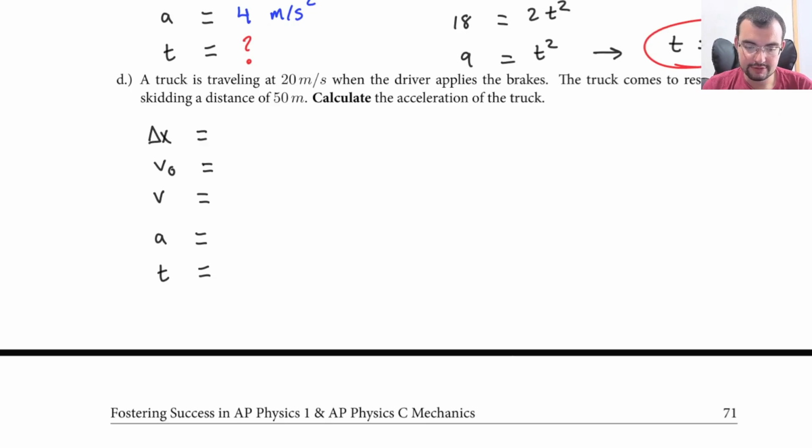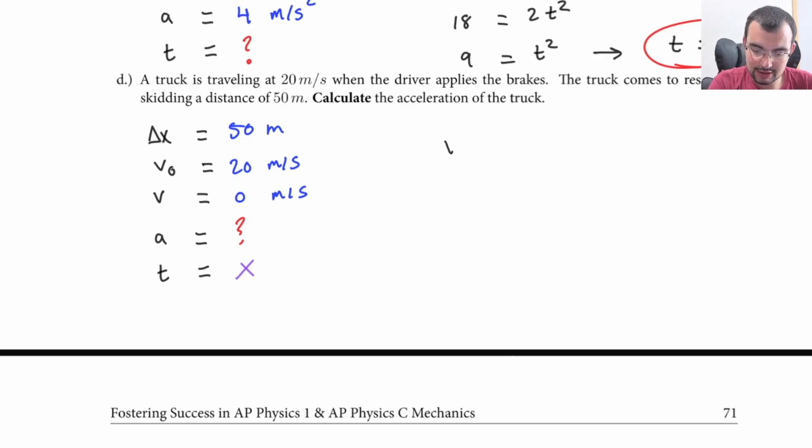All right, a truck is traveling 20 meters per second when the driver applies the brakes. The truck comes to rest after skidding 50 meters. Calculate the acceleration of the truck. We do not have time. Well, the timeless kinematics, the time-independent kinematics, as we often call it, is this one. Final velocity is 0.